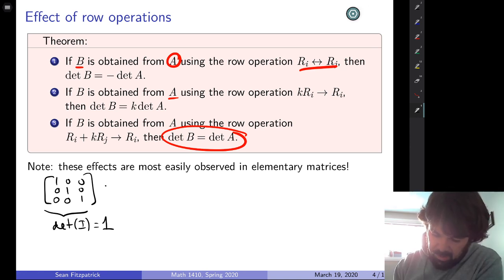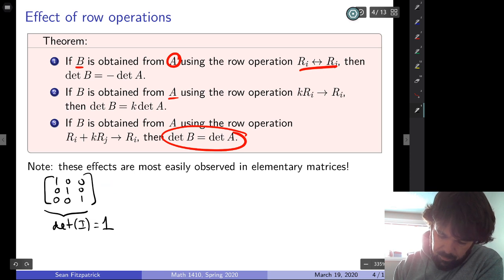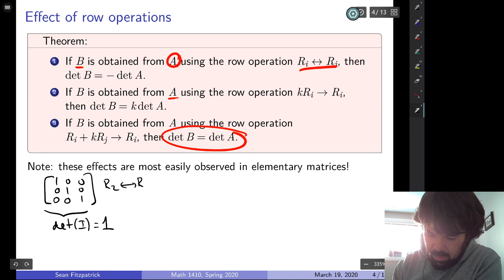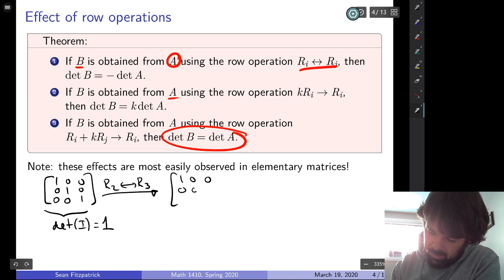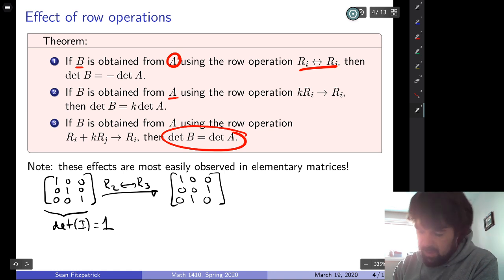If I do a row operation, maybe I switch row 2 with row 3, I'm going to get 0, 0, 1, 0, 1, 0.